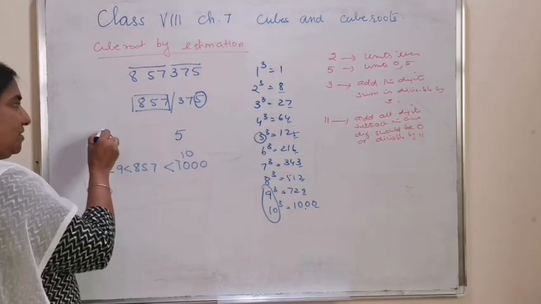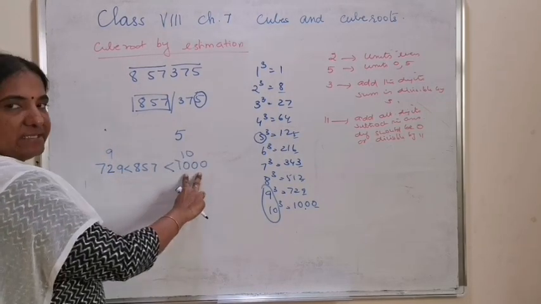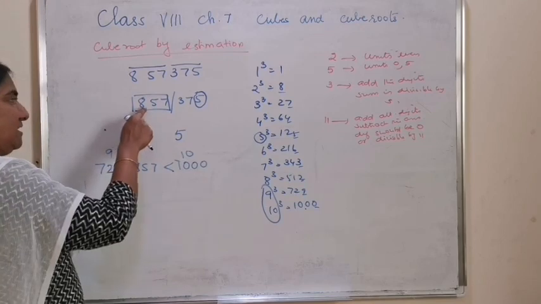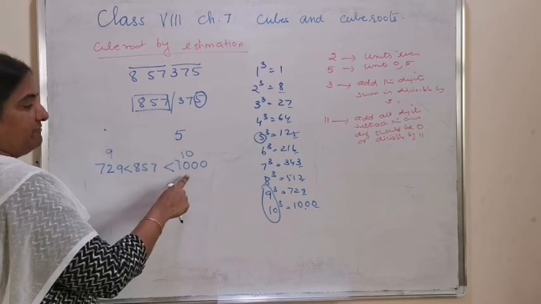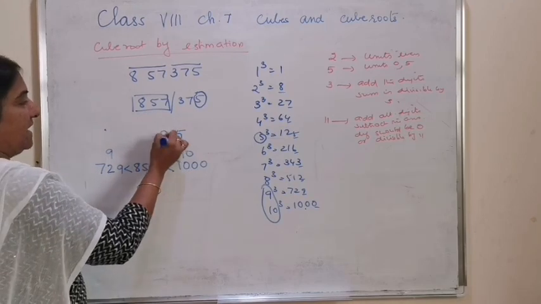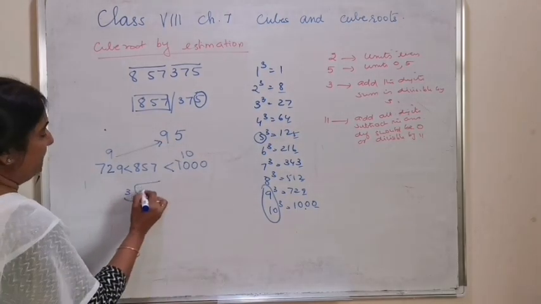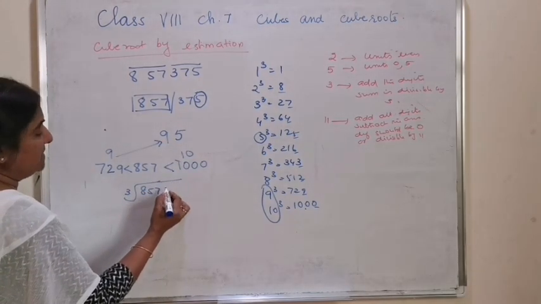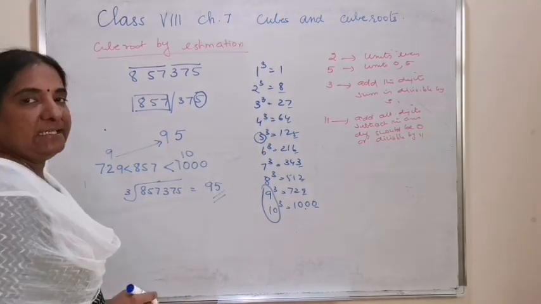The 9 cubed is 729, 10 cubed is 1000. The proximity for 857 is 729, definitely it cannot be 1000. So the estimated answer can be 95, that is cube root of 857,375 can be estimated as 95.